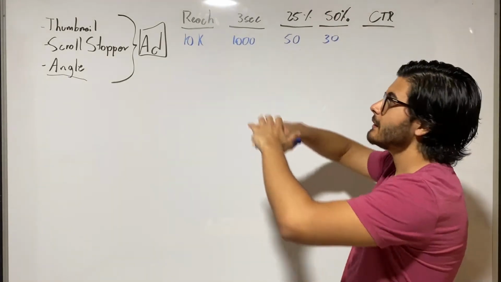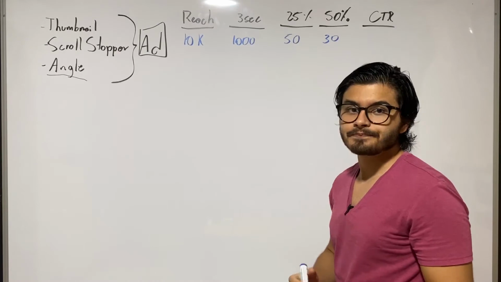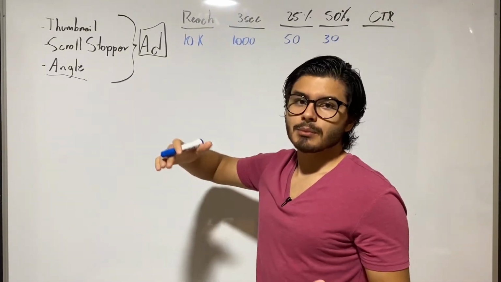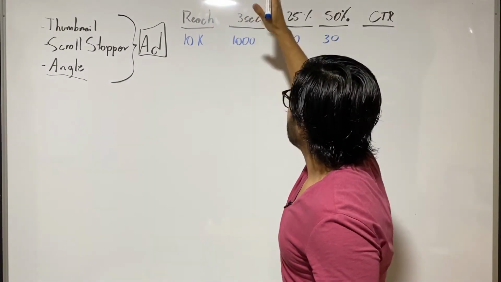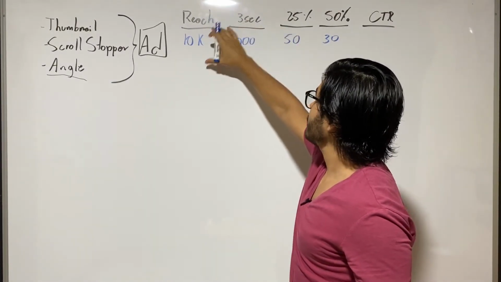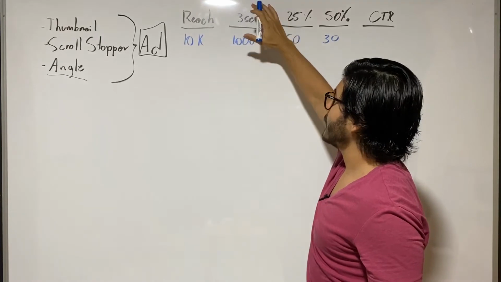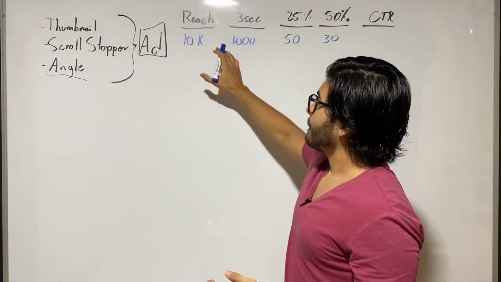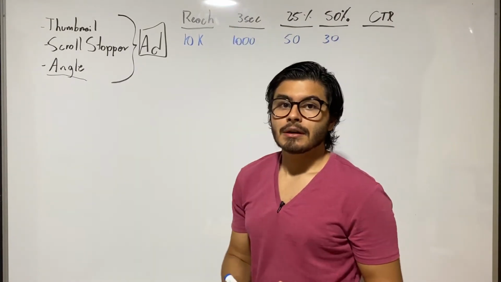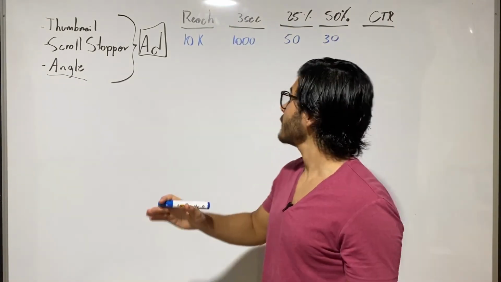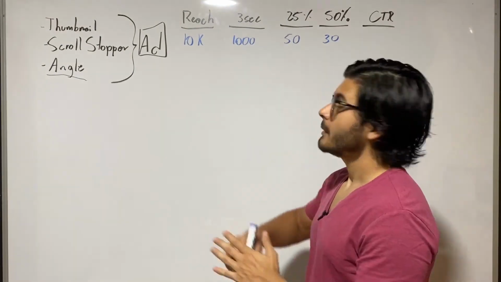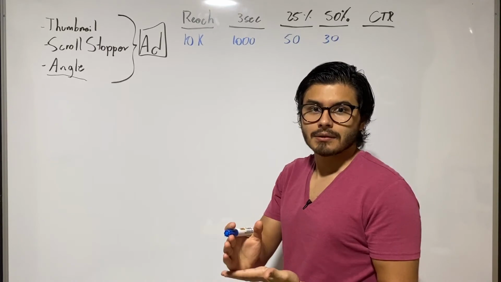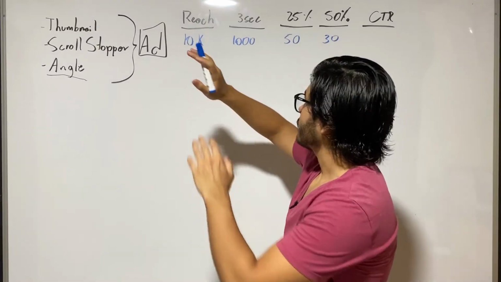So what is the meaning of all of these metrics? The meaning is that we are reaching 10,000 people, and from these 10,000 people, only 1,000 are watching the first 3 seconds. The meaning is that the thumbnail is not working, and the scroll stopper as well, because reach is how many devices your ad has landed on, right?